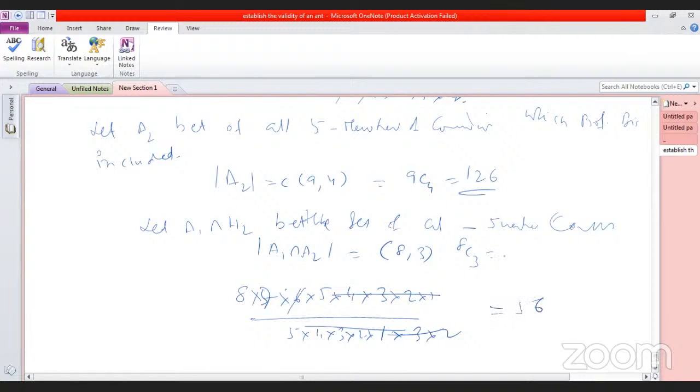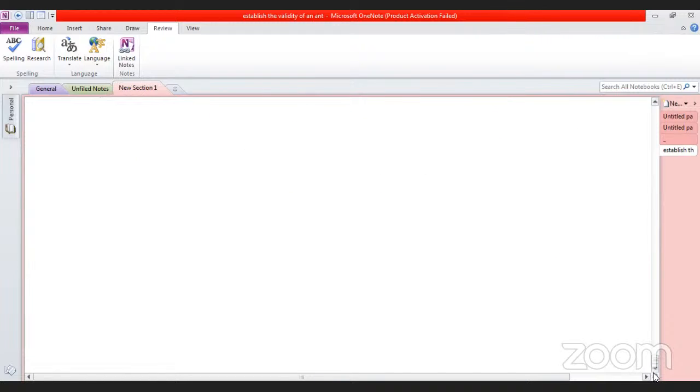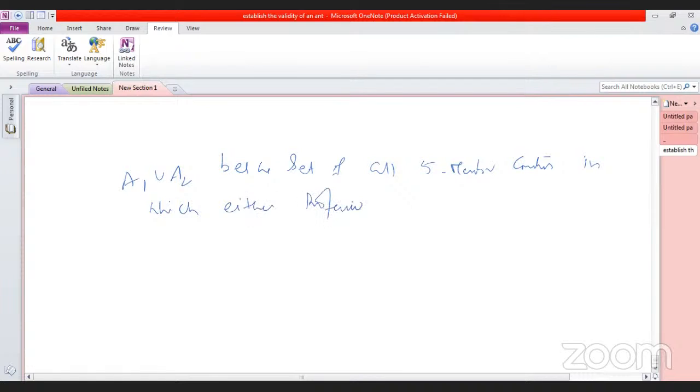Therefore, A1 union A2 is the set of all 5-member committees in which Professor A or B is included. By the principle of inclusion and exclusion, modulus of A1 union A2 is equal to modulus of A1 plus modulus of A2 minus modulus of A1 intersection A2.